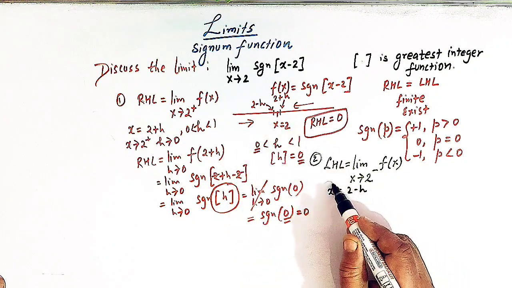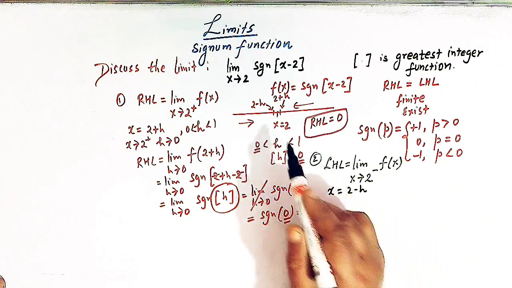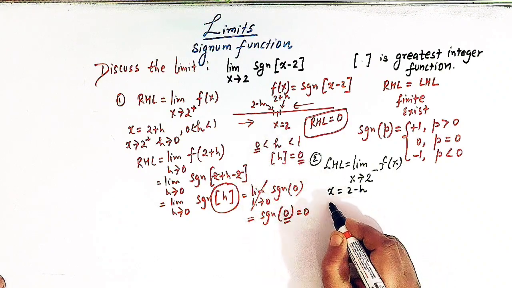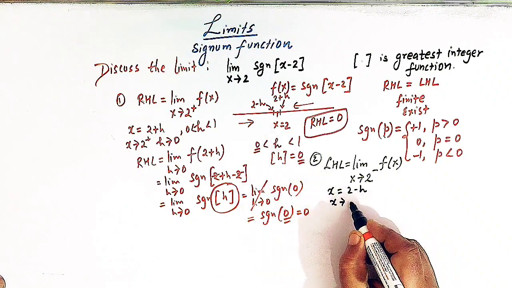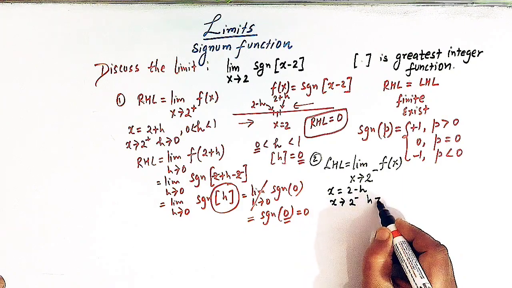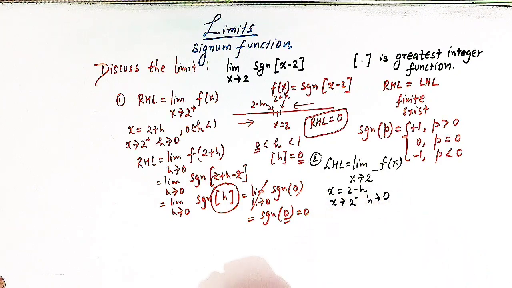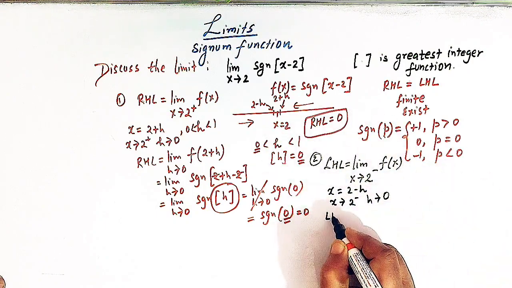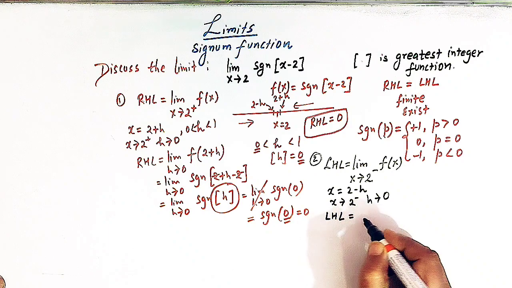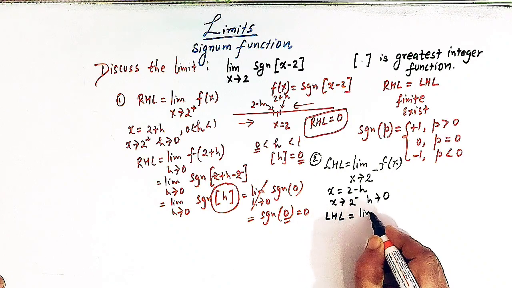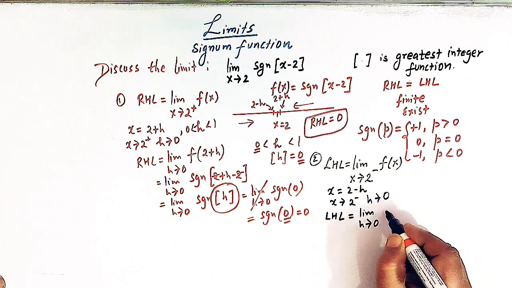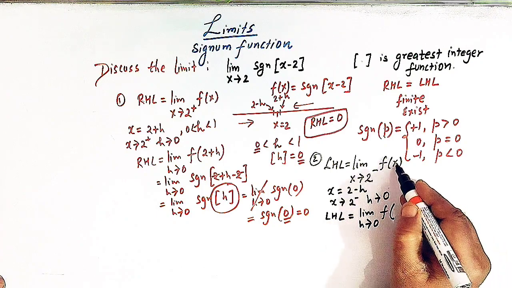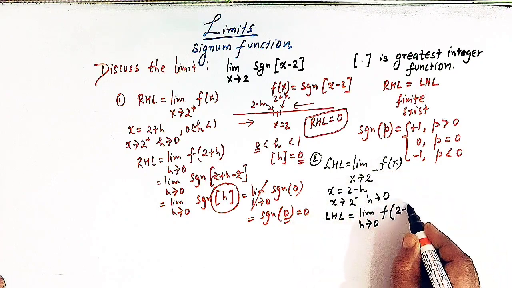So all the values of x should be less than 2, right? And when x approaches to 2, then h tends to 0. So now writing this limit in terms of h, we can have left hand limit equal to limit h tends to 0, and here we have f of x, x is 2 minus h.